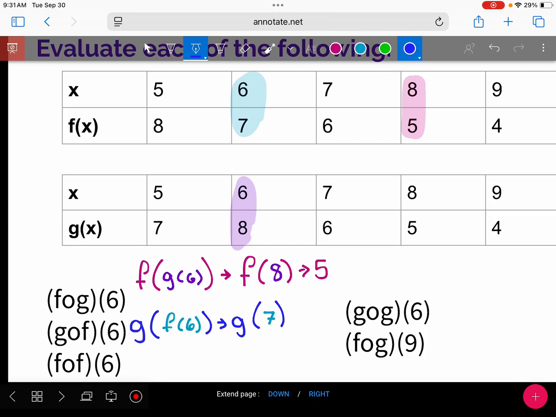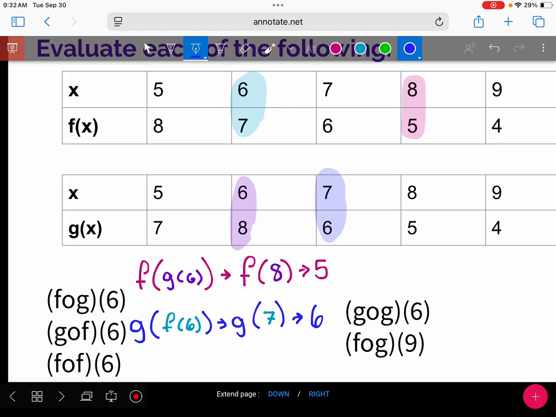Yep, sorry. Okay, and so then our g of 7, when our x is 7 on g, that's this guy. So it actually went right back to 6.